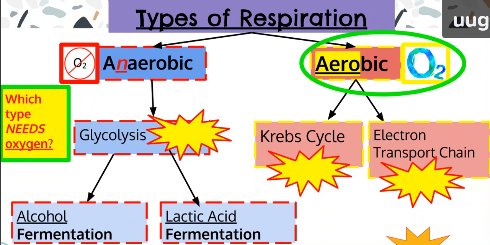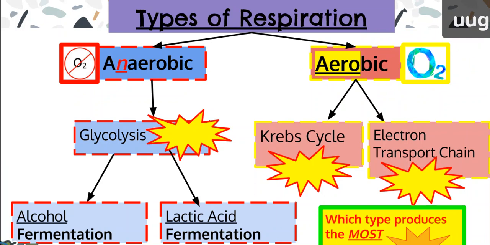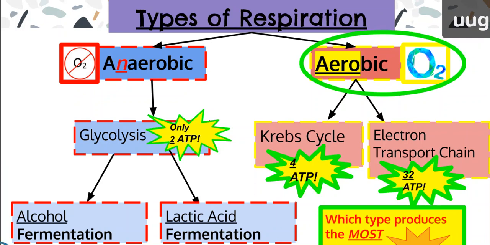Anaerobic, since there's no oxygen, only produces 2 molecules of ATP. There are two types of anaerobic respiration: lactic acid fermentation, which is when your muscles get sore, and also alcohol fermentation, which is when yeast eats sugars and turns it into alcohol.